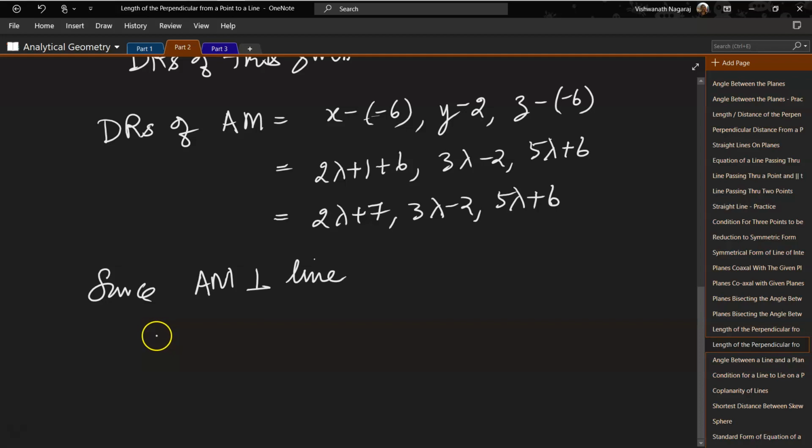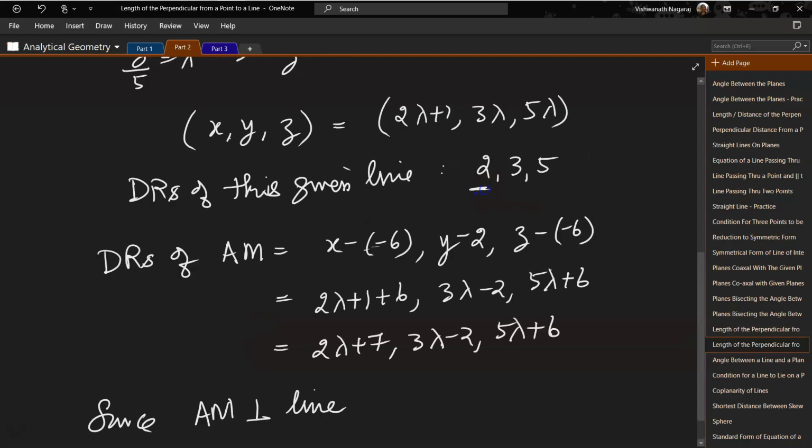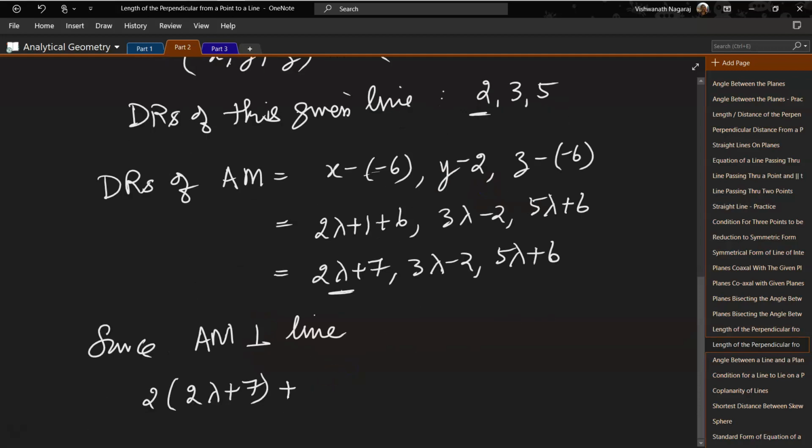So 2 times (2 lambda plus 7), plus 3 times (3 lambda minus 2), plus 5 times (5 lambda plus 6) is going to be equal to 0 in case of perpendicularity. Now it's just a question of solving it for lambda and substituting it for the coordinates of x, y and z.